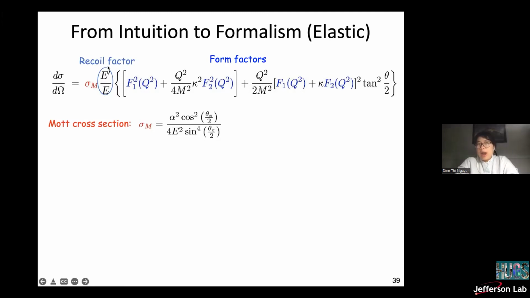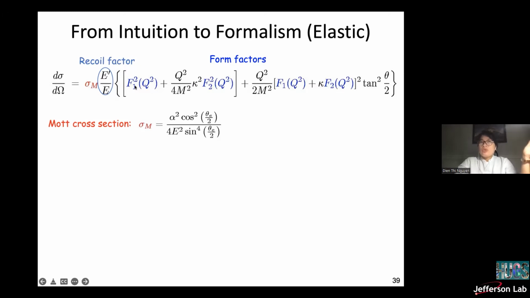Also, because the nucleon is not a point-like distribution, it has an electric and a magnetic distribution inside. So in order to understand the nucleon structure, we need to include the form factor.